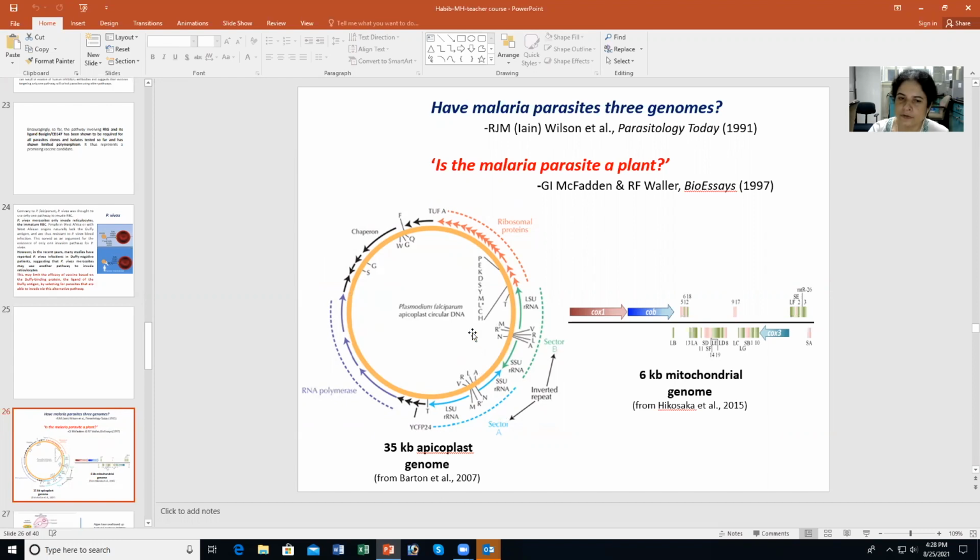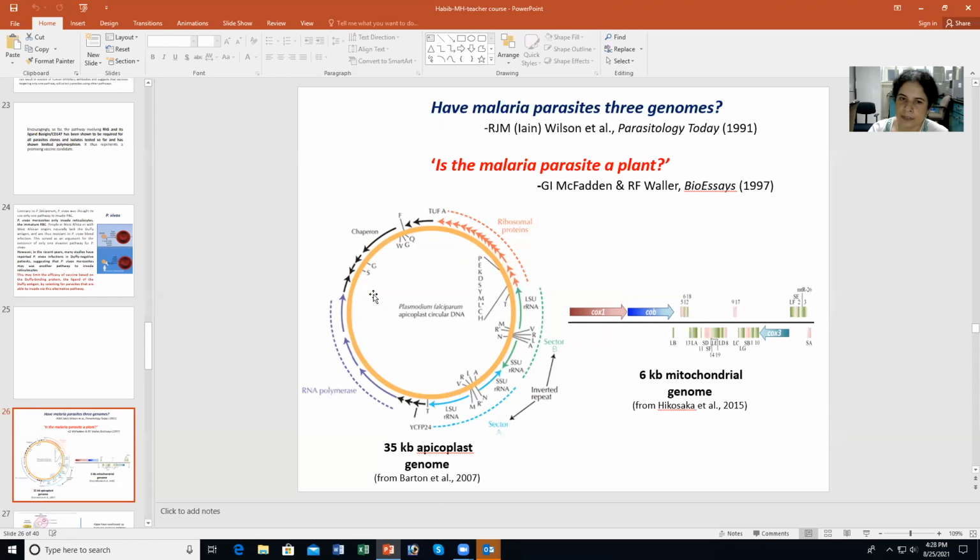It has an inverted repeat, shown over here, with a large subunit and small subunit RNA, and then the repeat in the opposite direction with the small subunit and large subunit RNA. These are called the IRA and IRB regions.